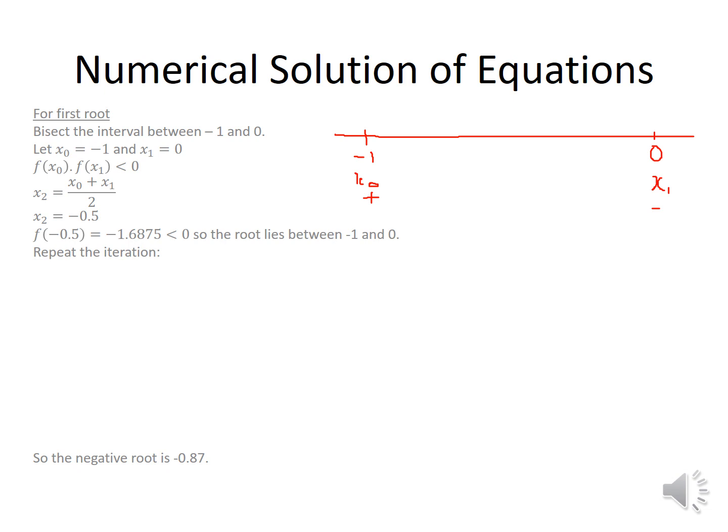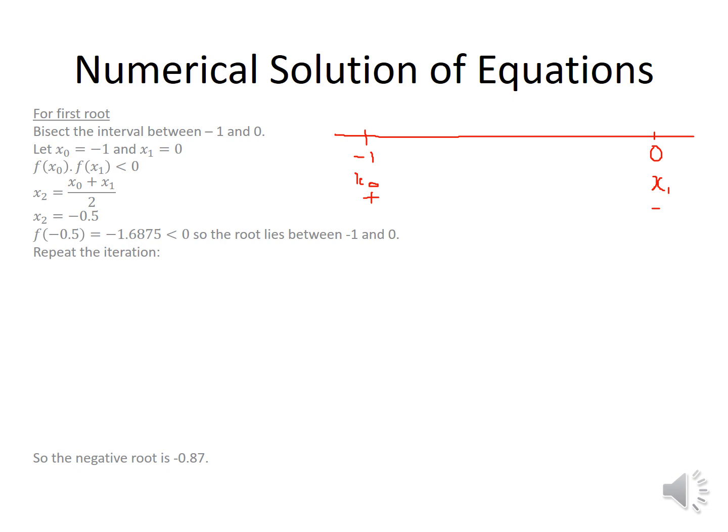So we start to approximate our first root. Since we have x0 and x1, we start from x2. x2 equal to (x0 plus x1) divided by 2. So negative 1 plus 0 divided by 2 is negative 0.5.